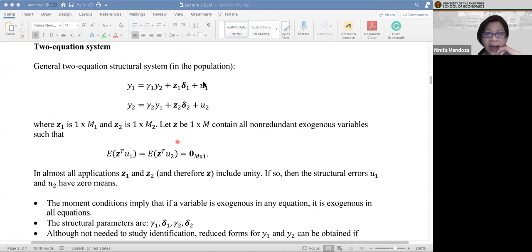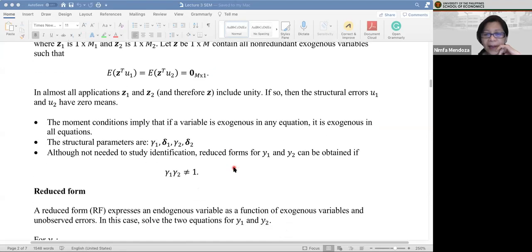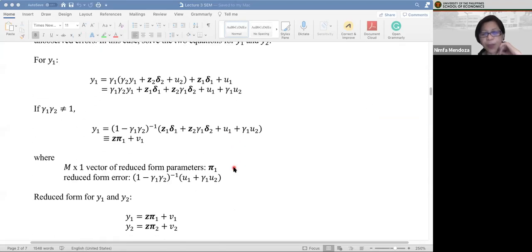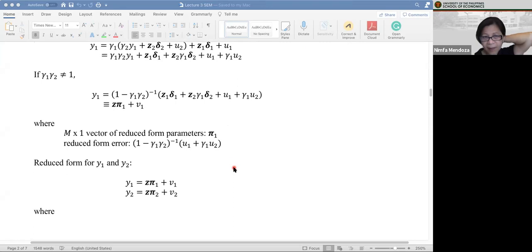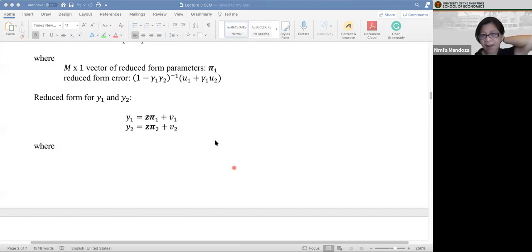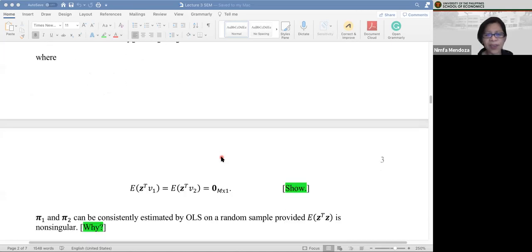Ideally, you should start with structural equations, and not the reduced form equations. Because generally, if you have reduced form equations, it's not clear what the economics is behind your equations.